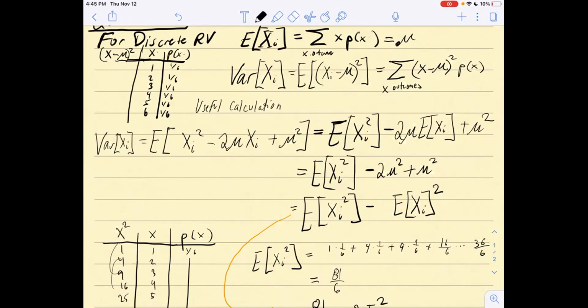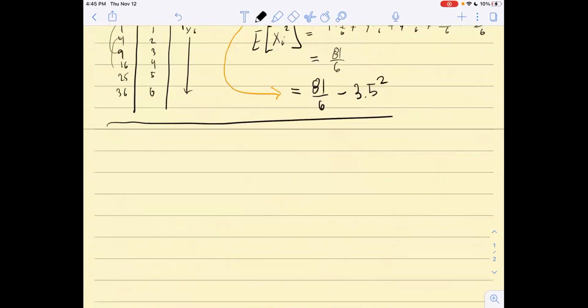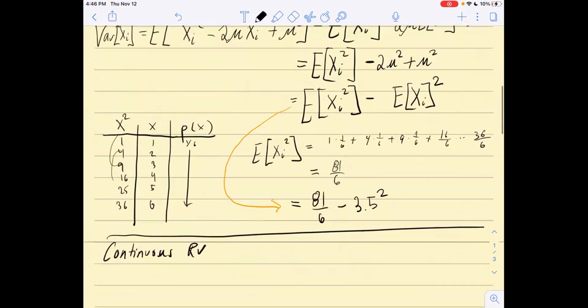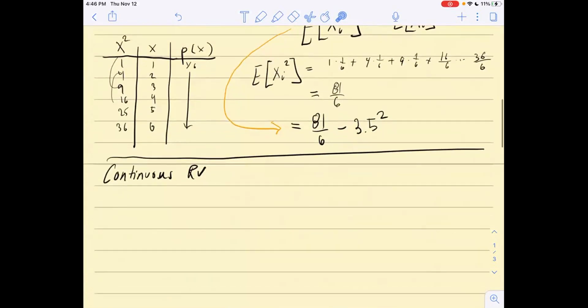So you can do this with a continuous random variable. I'll just write the formulas down. After you take calculus, you'll learn more about it. But if you have a continuous random variable, the formulas are completely analogous. But rather than use the summation sign, and this is a common theme in math, we're going to use an integral sign to represent the area.